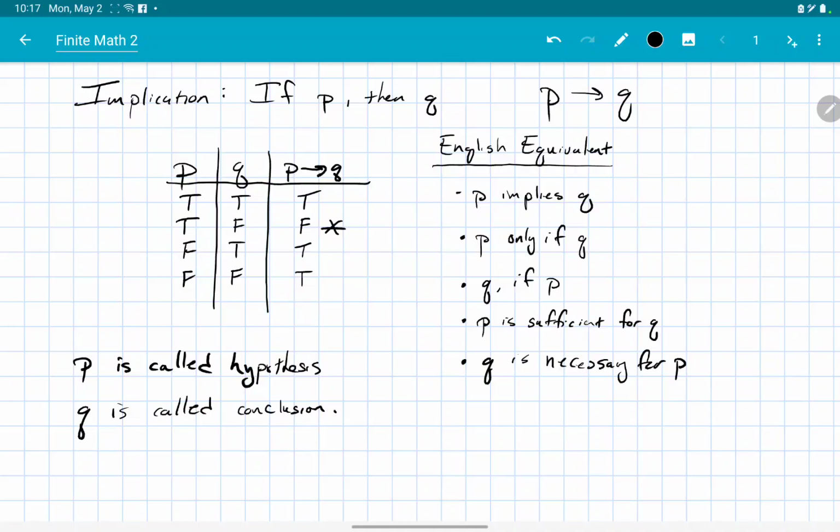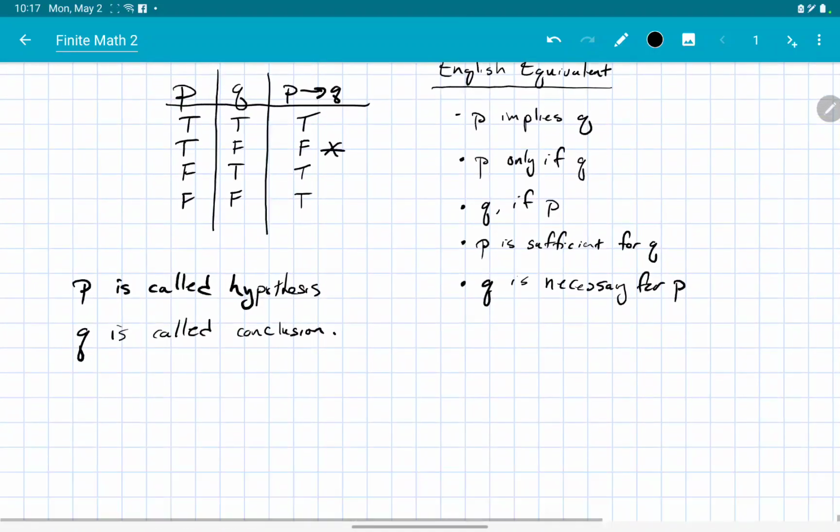So P, the hypothesis there, is the president dies or becomes incapacitated. Q, the conclusion, is the vice president becomes president. So that's an example of an implication, and the vice president becomes president is the conclusion.